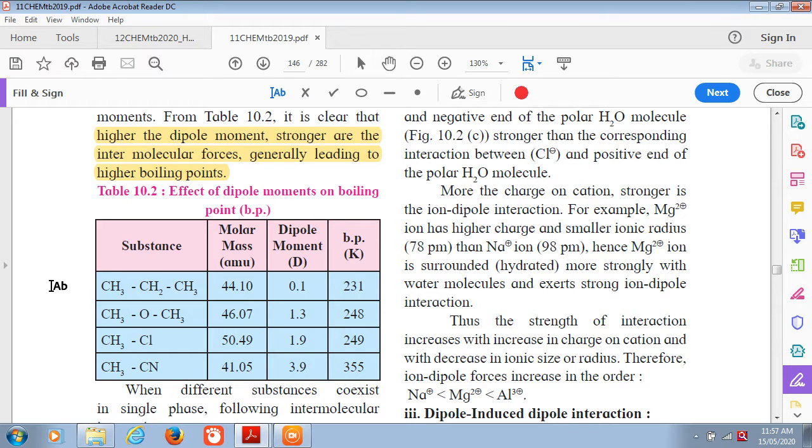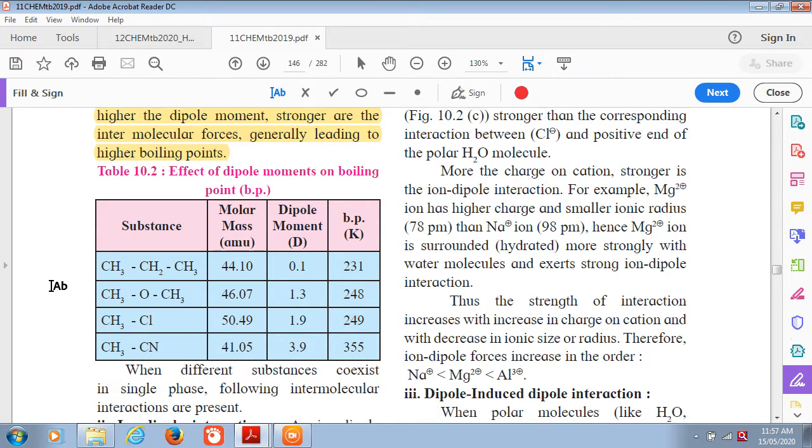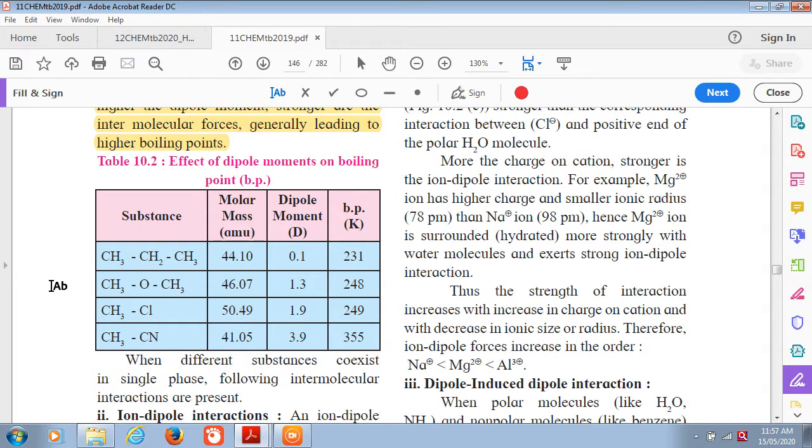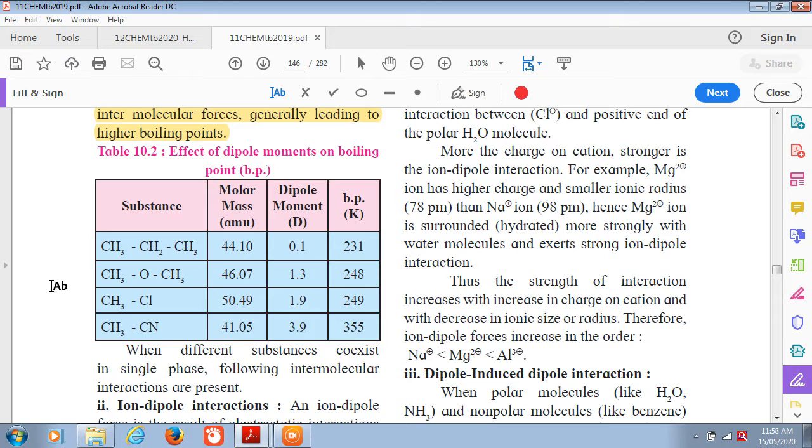Propane has a dipole moment of 0.1 and a boiling point of 231. Then dimethyl ether, dipole moment 1.3 and boiling point 248. Then methyl chloride, dipole moment 1.9 and boiling point 249. Then methyl cyanide, dipole moment 3.9 and boiling point 355.